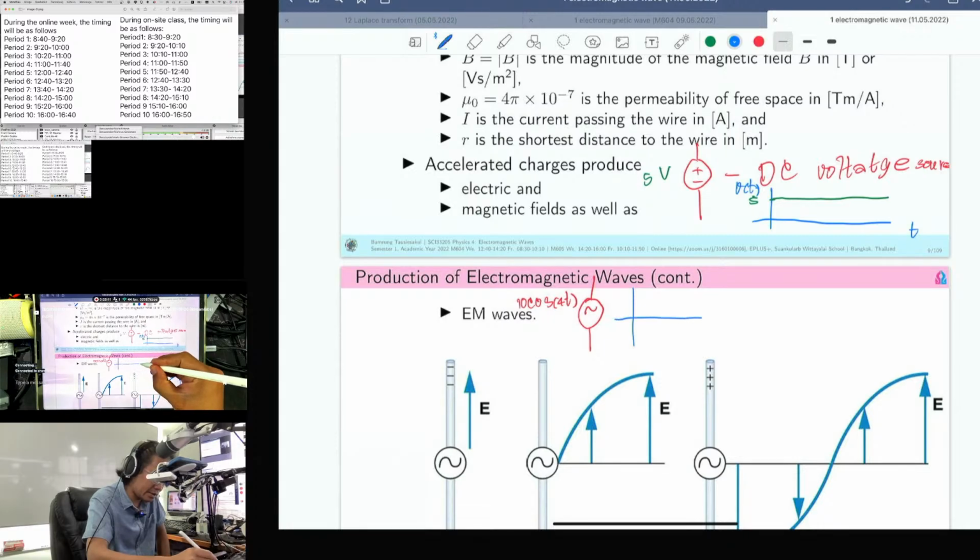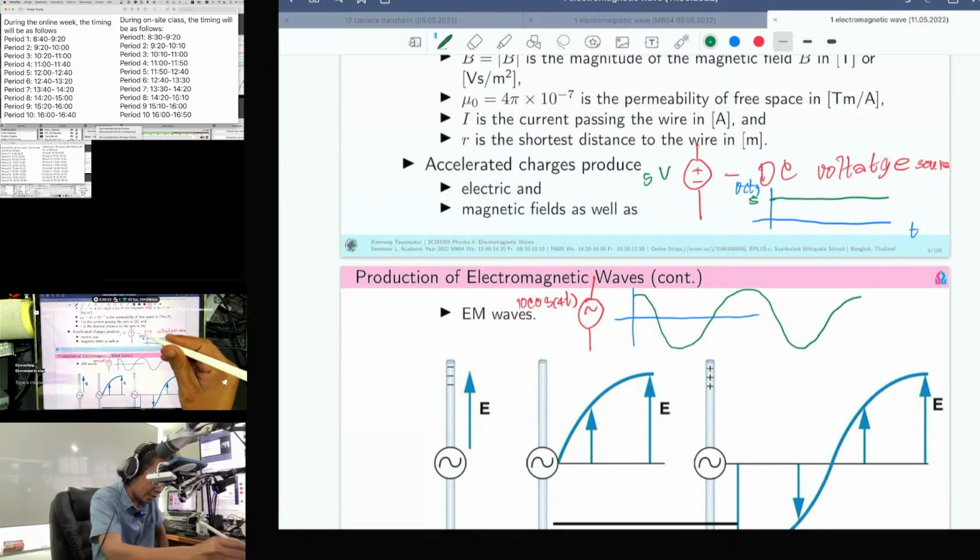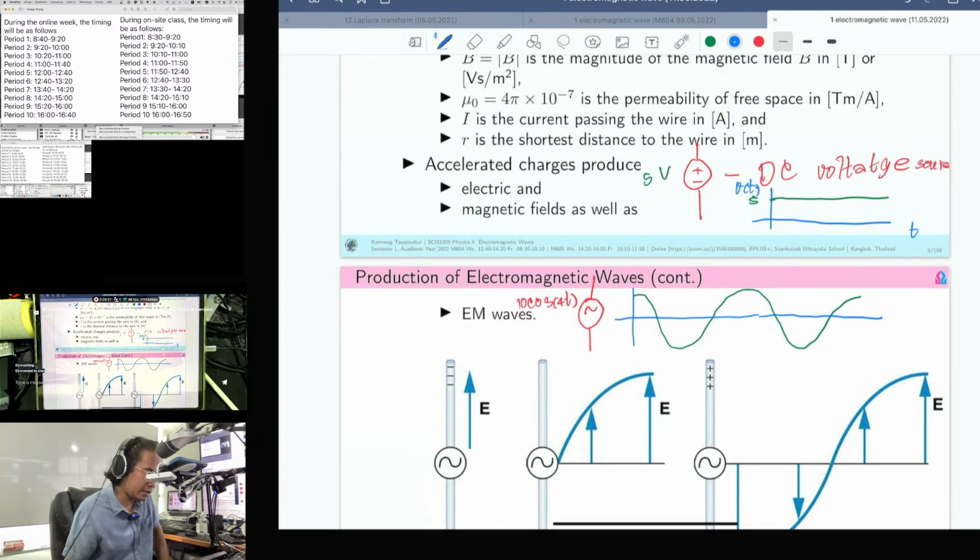How does it provide voltage? Well, it's equal to 0 and 1 here, like this. You can see that this notation doesn't provide a constant voltage to you.